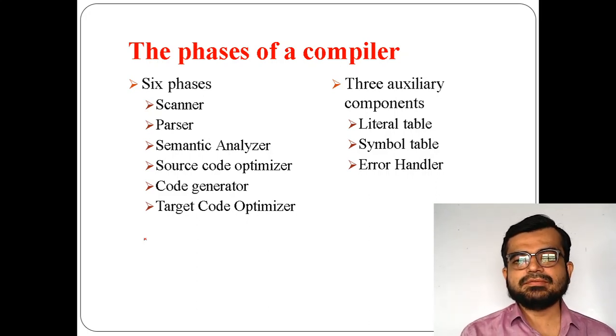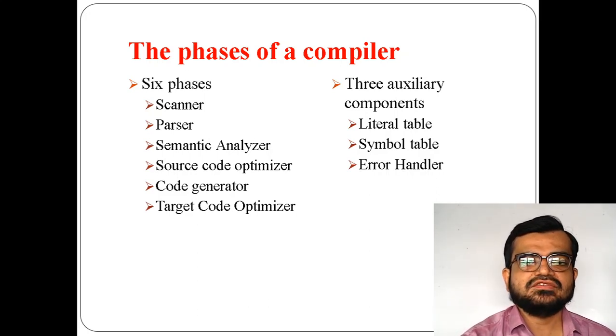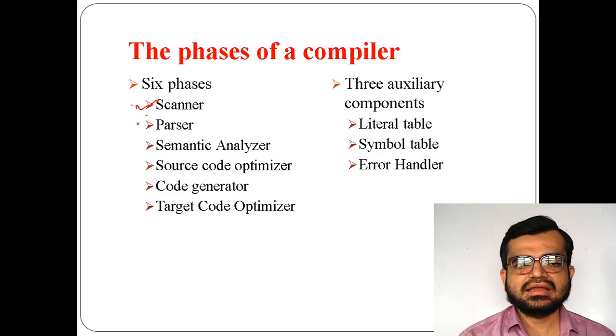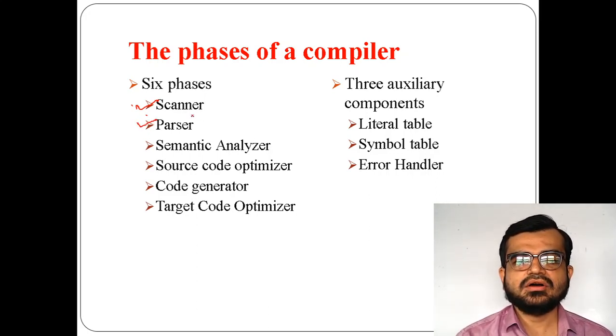If you go with the compiler phases, basically we have 6 phases, and we have some auxiliary components also. The first phase is the scanner, which is the lexical analysis phase.